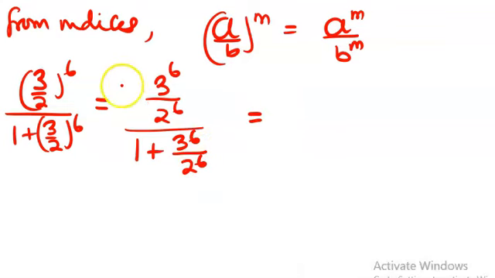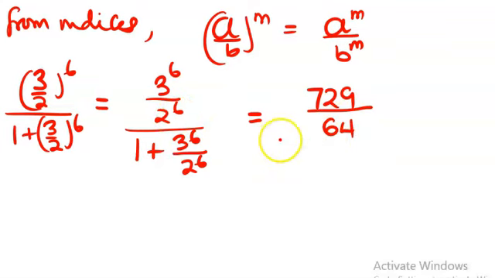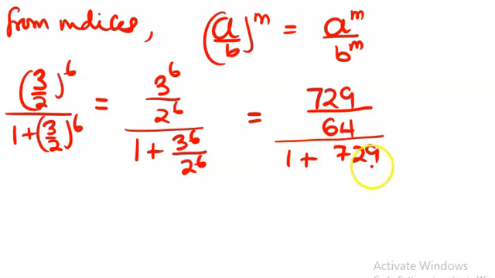And this is equal to, 3 raised to the power 6 is 729, 2 raised to the power 6 is 64, over 1 plus, the same thing will happen here, 729 over 64.